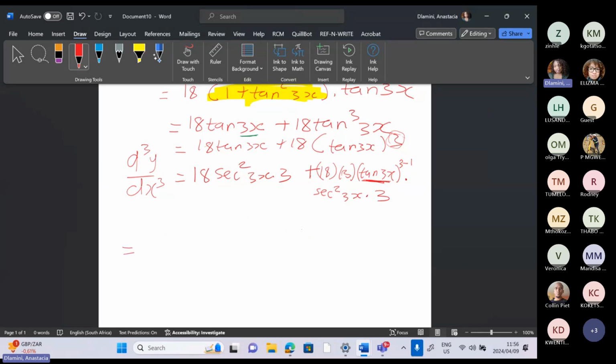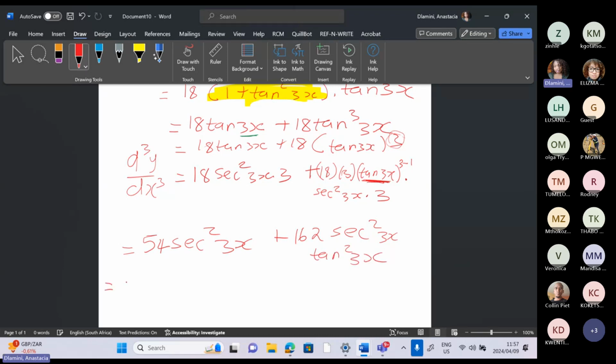So what's the answer? 18 times 3 is what? 18 times 3 is 54. So that's 54 sec squared 3x plus 3 times 54, which is 162 sec squared 3x times, okay, we forgot about this, times tan squared 3x.